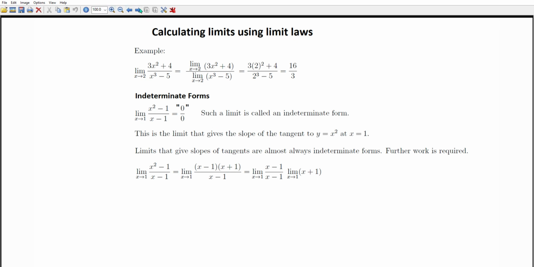Now, x minus 1 over x minus 1 is 1 as long as x is not 1. But x is not allowed to be 1 during the limit process. So this thing is 1 throughout the entire limit process, which means that the limit is just the limit of 1, which is 1.